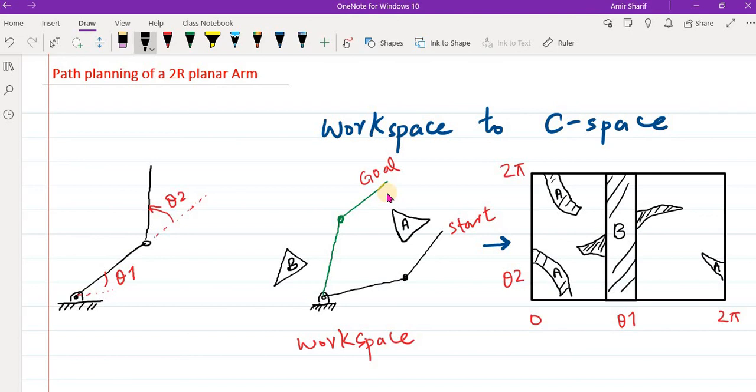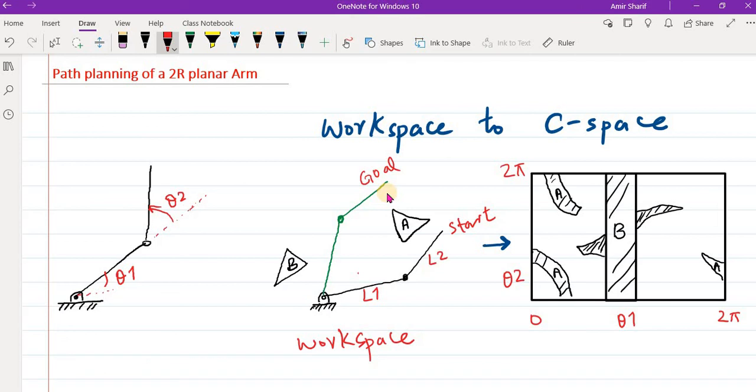And now the mapping for obstacle A. Obstacle A, as you can see, we'll just name it here: link 1, link 2.